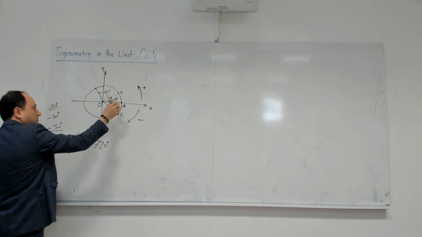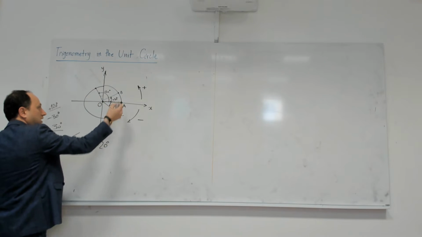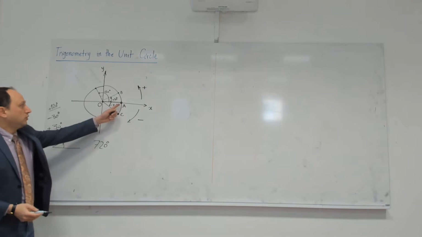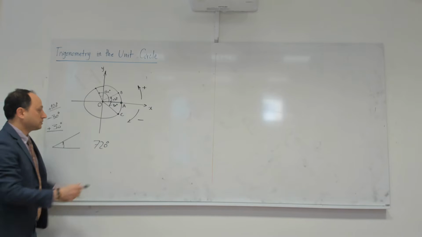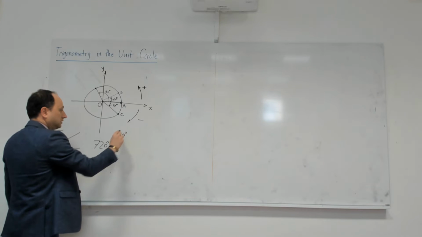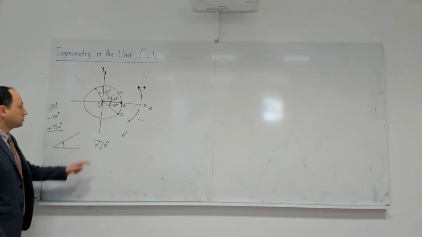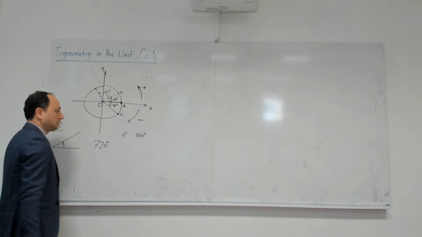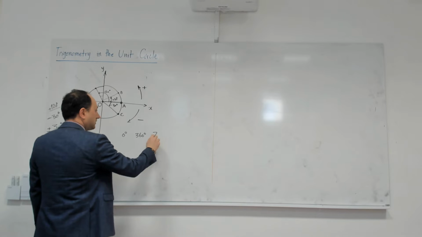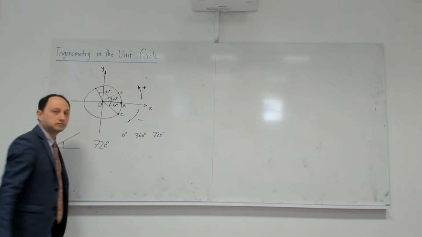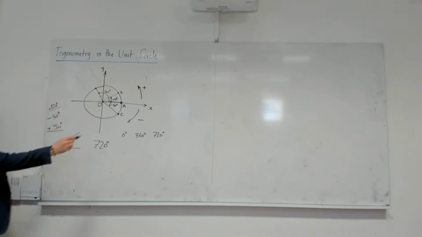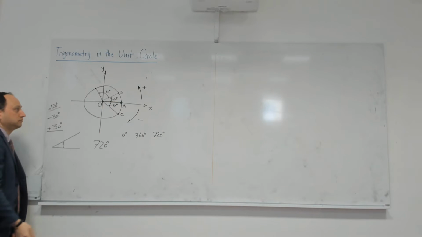So you see that I will end up exactly at the same point A. This point corresponds to 0 angle, also to 360 degrees, also to 720 degrees.